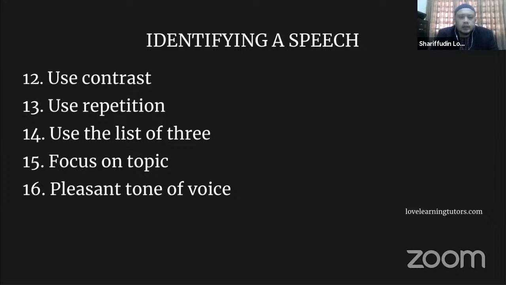We use contrast to show, if we have two things, like the bicycle just now, we are contrasting the two things. We compare between the two things that we have. Which one is better? Which one would you prefer?